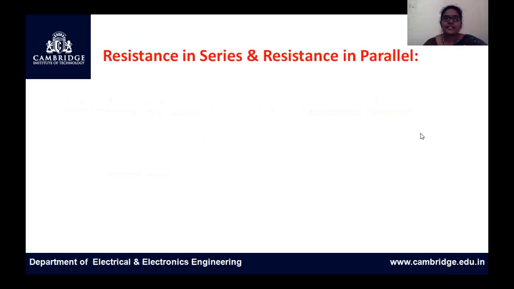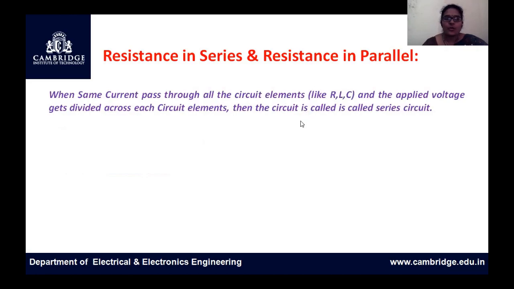Next, let us look into resistance in series and parallel. When the same current passes through all the circuit elements and the voltage gets divided across each circuit element, then we call the circuit a series circuit. You can see here, we are now discussing DC circuits.